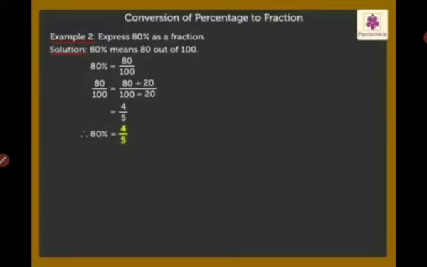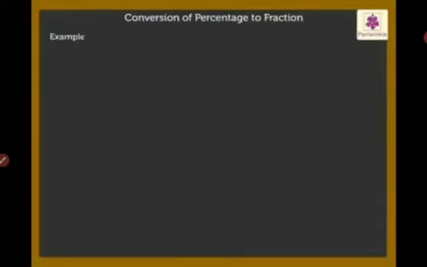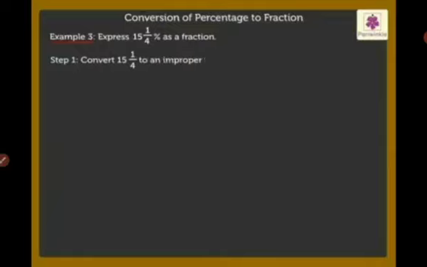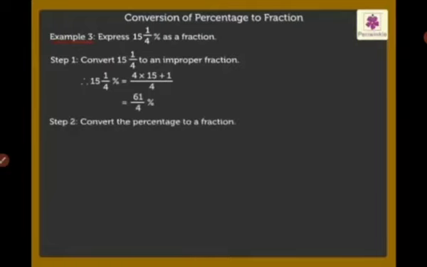Now, let's solve a different type of example. Example 3. Express 15 and 1 upon 4% as a fraction. Step 1. Convert 15 and 1 upon 4 to an improper fraction. Therefore, 15 and 1 upon 4% is equal to (4 into 15 plus 1) upon 4, which is equal to 61 upon 4%. Step 2. Convert the percentage to a fraction.